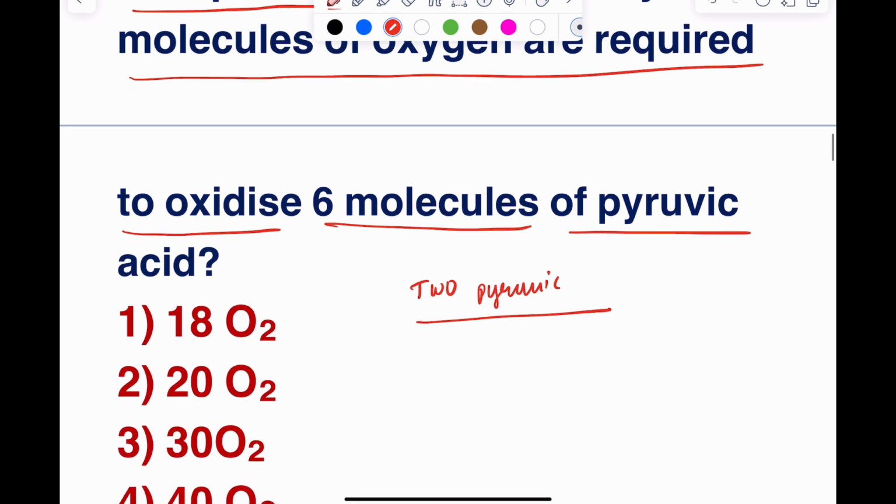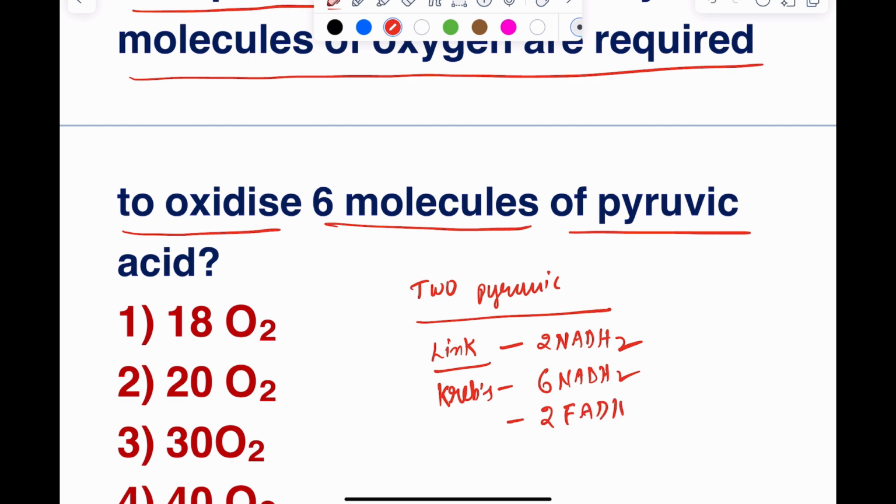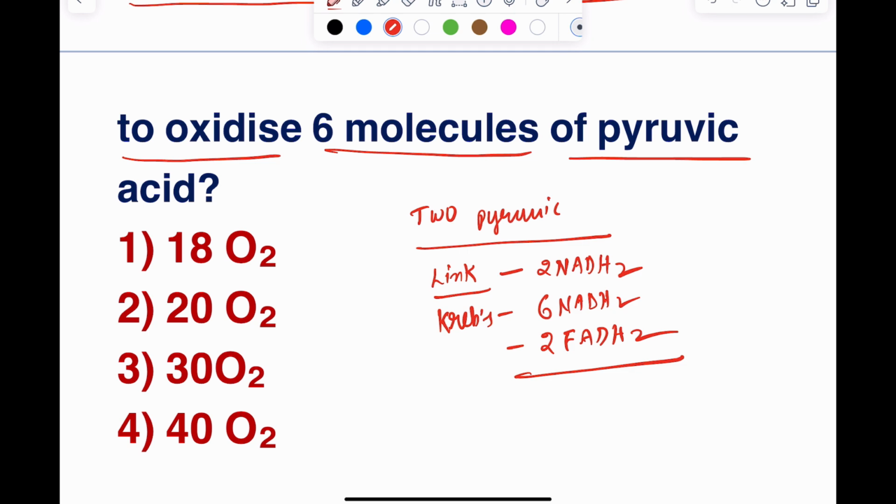In two pyruvic acids in link reaction, two NADH2, in Krebs cycle 6 NADH2 and 2 FADH2. Total 10 molecules.